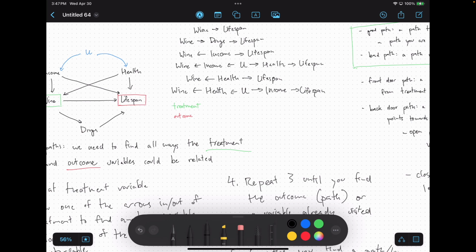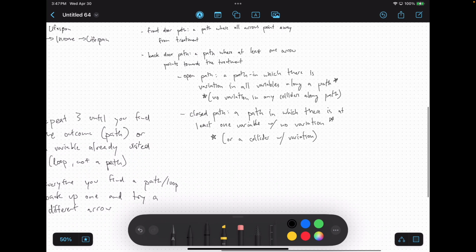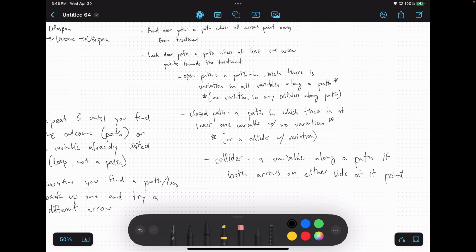Okay. The last thing we'll talk about today: what is this asterisk that I'm talking about? That is in reference to a collider. This is a variable along a path if both arrows on either side of it point at it.